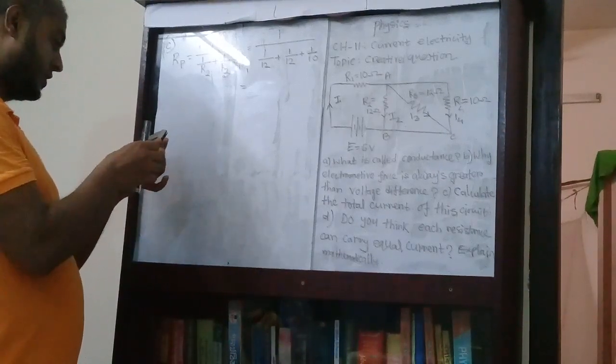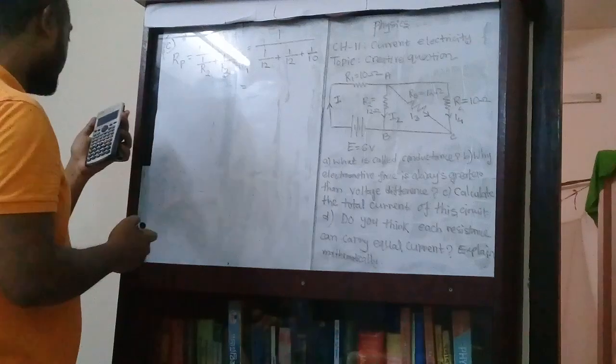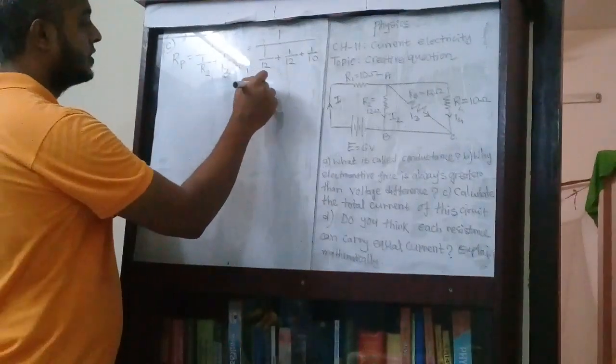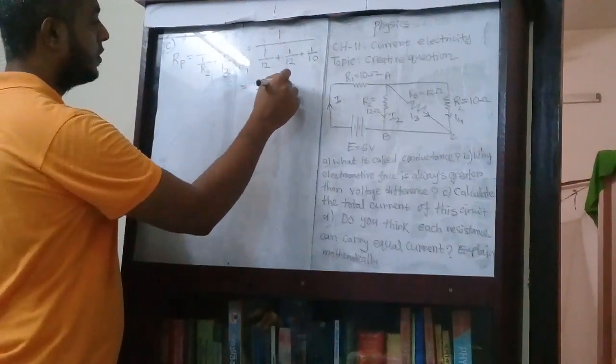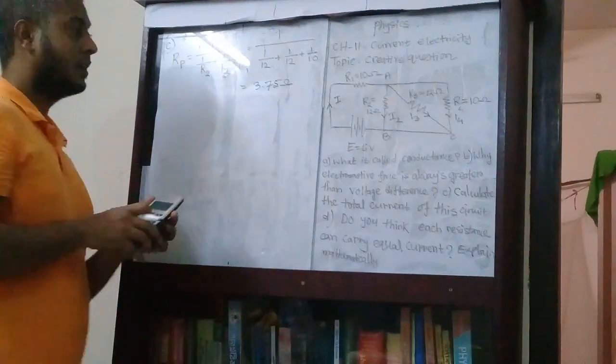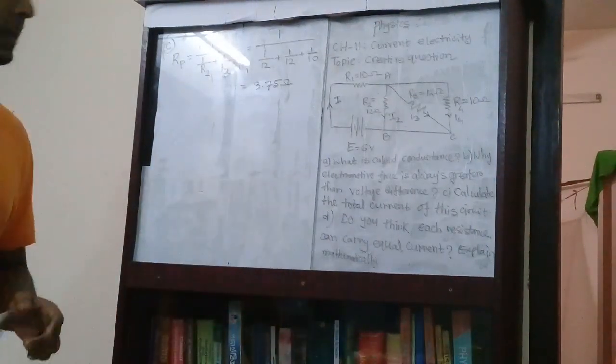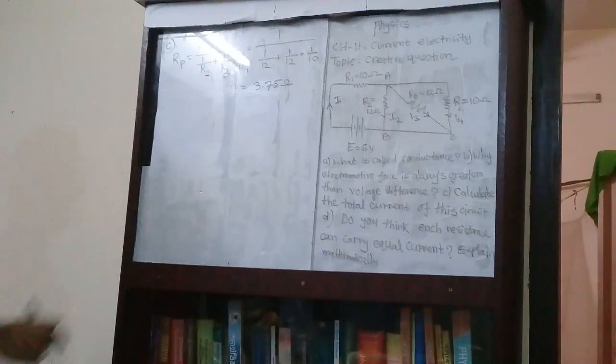So the resistance will be 3.75 ohm in this parallel connection path.